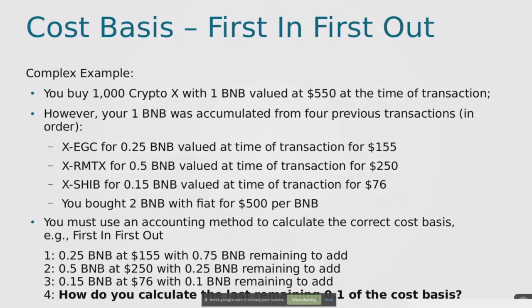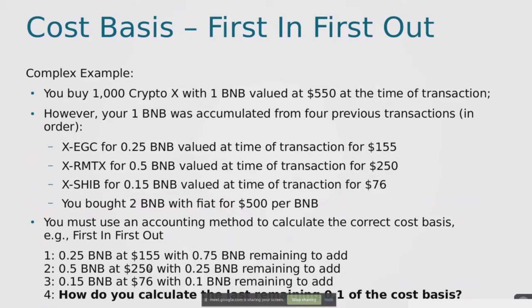You have some SHIB, 0.15 BNB from that for $76, and you bought 2 BNB with fiat for 500 per BNB. So if we're looking at first in, first out, you're just adding up, and I'll show you why you already have these figures noted, which makes it a little bit easier.